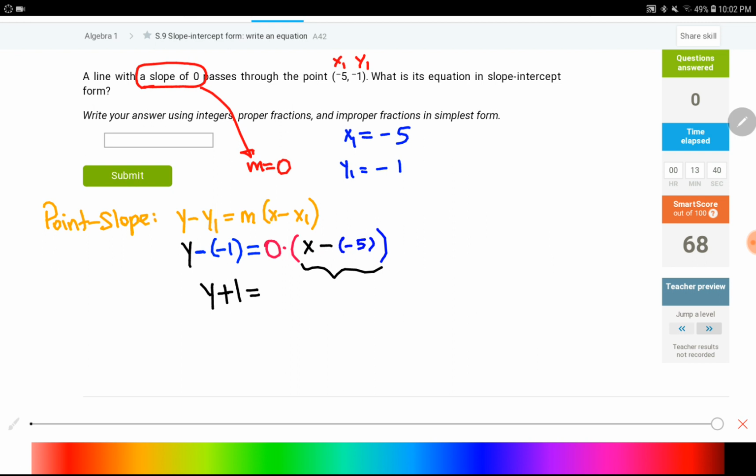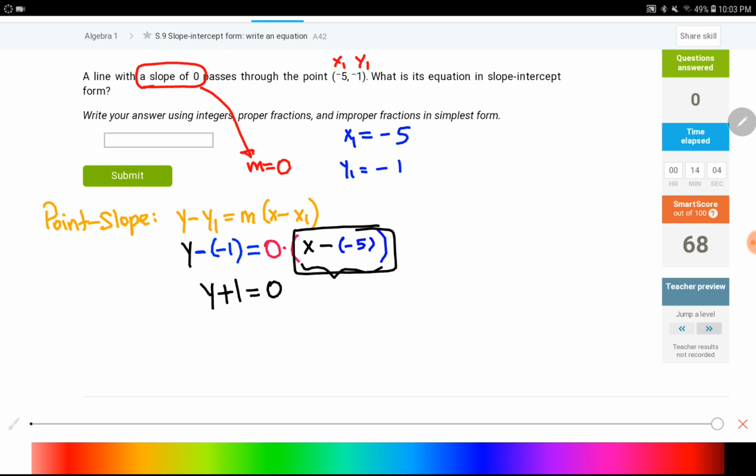We are going to multiply that value by the 0 right in front of the parentheses. So the answer is going to be 0 regardless. Whatever this is, it doesn't matter because we are going to multiply that black rectangle by a 0, so it will be equal to 0 anyways.